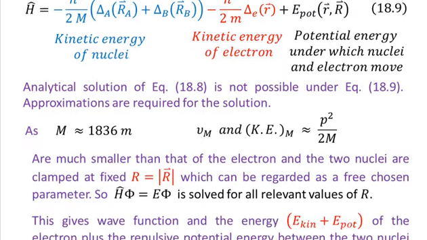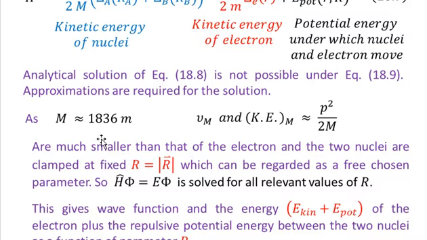You know that the mass of each of these nuclei is nearly 1836 times the mass of the electron. So capital M is of the order of 1836 times the mass of the electron. Since the nuclei are very heavy in comparison with the electron, the velocity of each nucleus, represented by Vm, is very small.